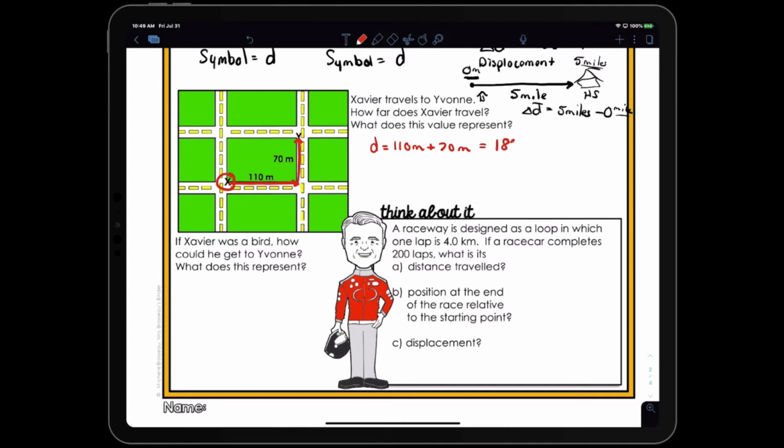That's a pretty basic problem. There's no real difficult issues with that. What does that value represent? Well, that represents the total distance that he has traveled.